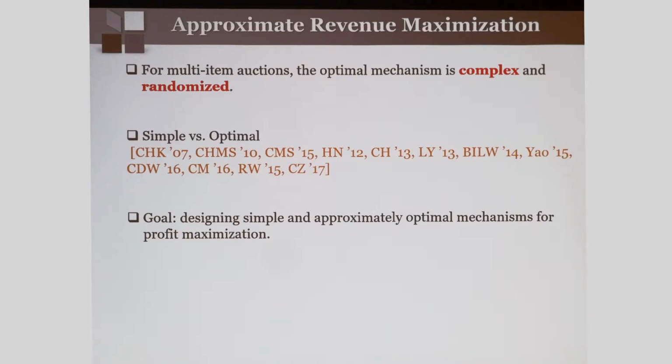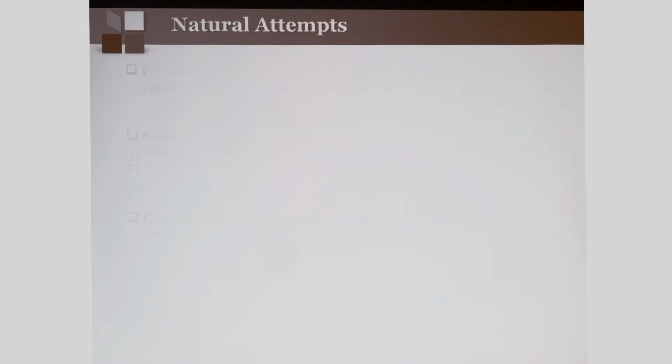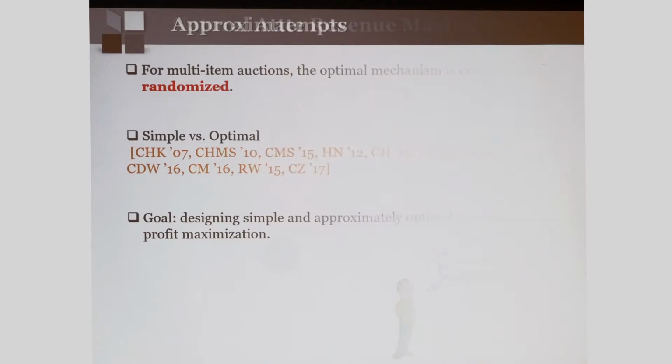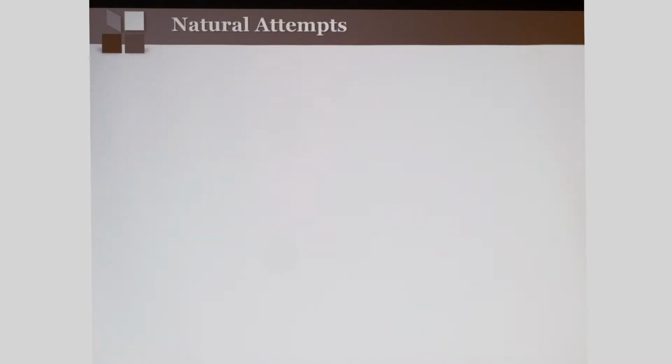A natural question that comes out is: is there anything different from the setting where we have zero cost? To illustrate the challenge of our problem, let's first take a look at two natural but failed attempts. The first attempt is, instead of optimizing the profit, to use the mechanism that optimizes the revenue.